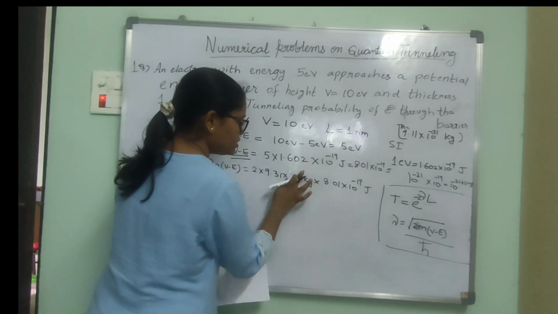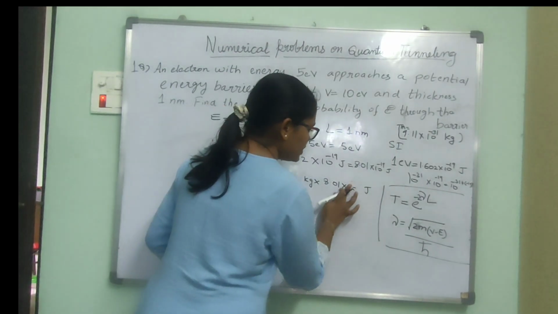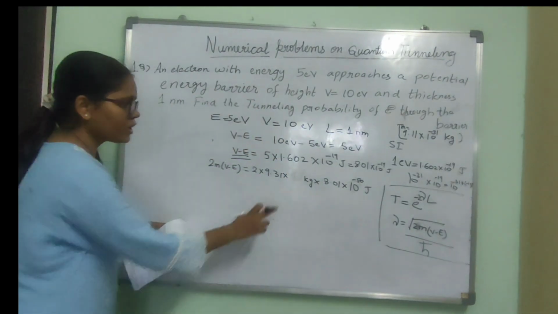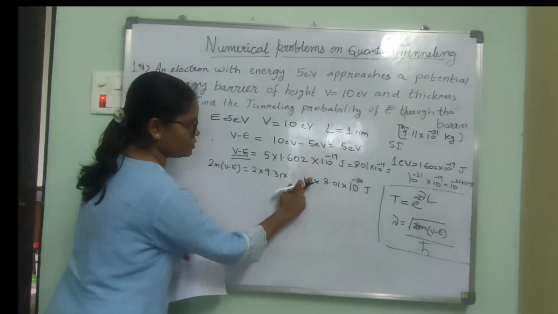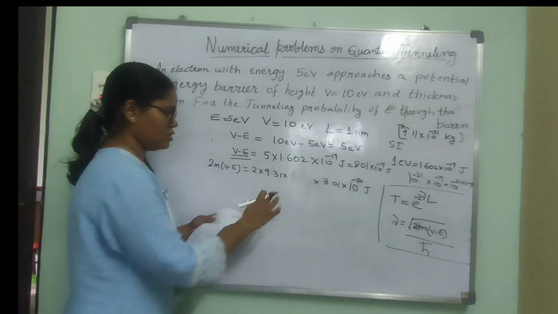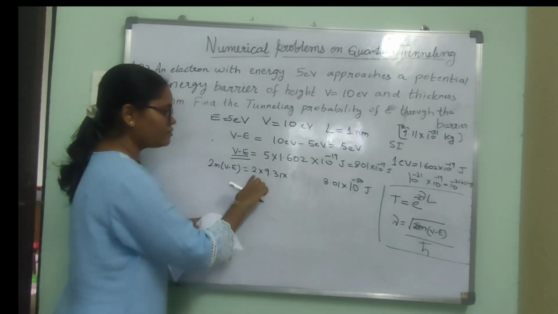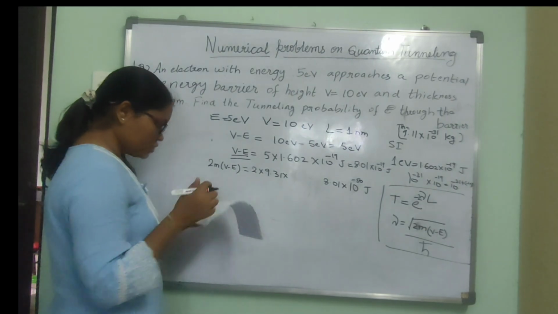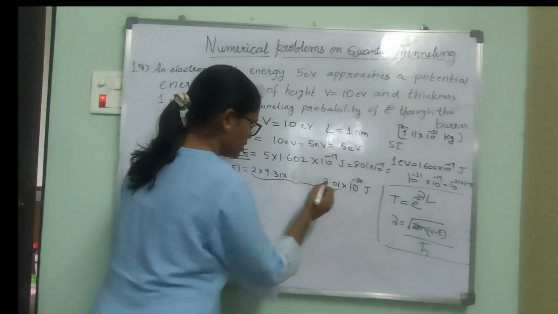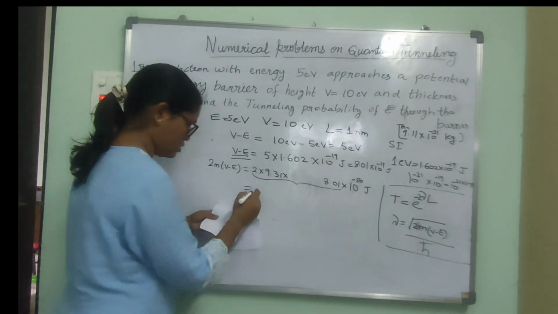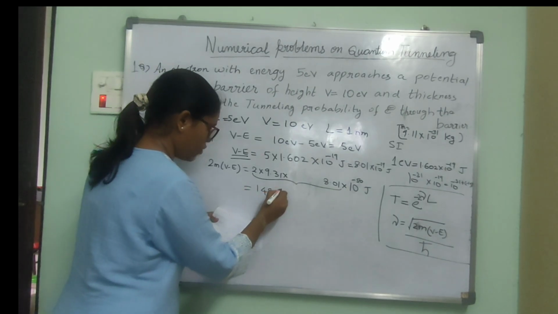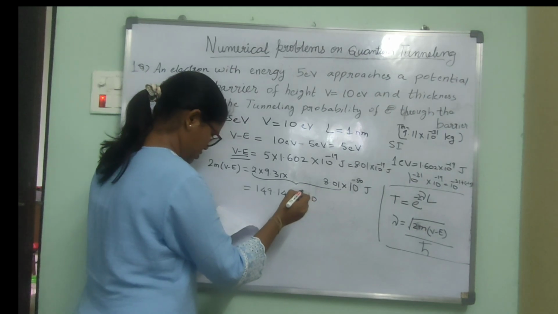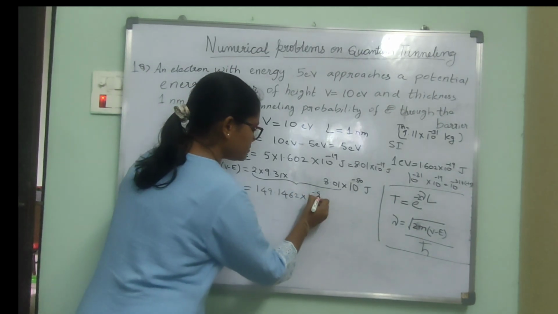So we have 2 into 9.31 into 8.01 into 10 power minus 50. This value turns out to be 149.1462 into 10 power minus 50.